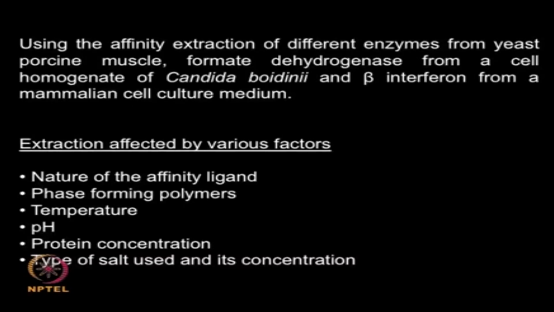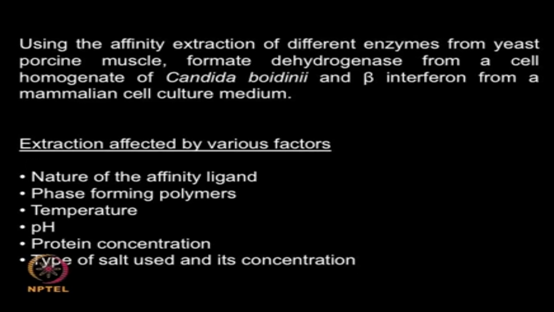So what are the advantages of affinity extraction? We can use it for extracting different enzymes from yeast porcine muscle. We can extract formate dehydrogenase from a cell of Candida boidinii and beta interferon from a mammalian cell culture medium and so on. So we can very selectively extract a protein from a mixture of a large number of proteins.